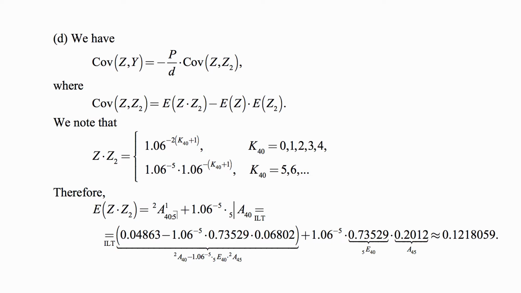Well, we have that the covariance of Z and Y is minus P over D times the covariance of Z and Z2, because Y is P times (1 minus Z2) over D. And the covariance of Z and Z2, of course, is by definition E[Z times Z2] minus E[Z] times E[Z2].